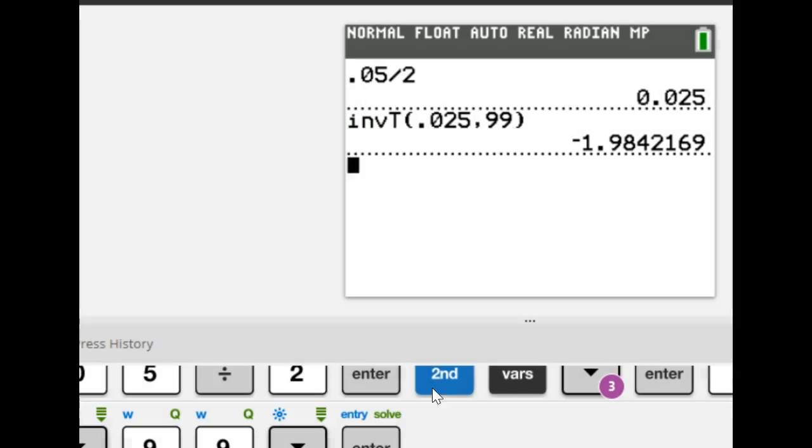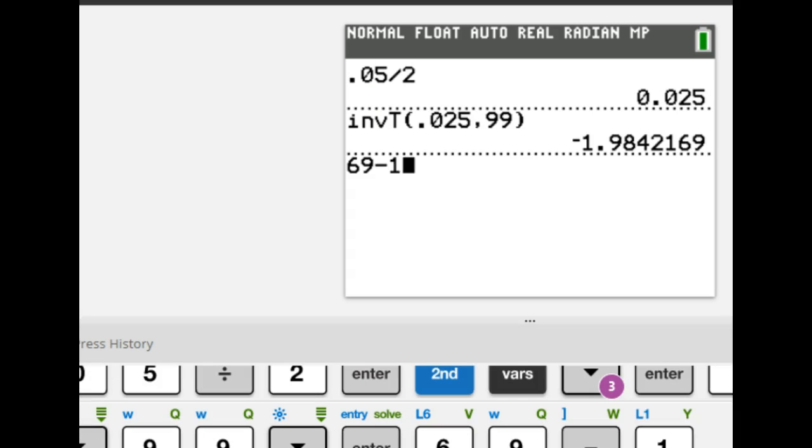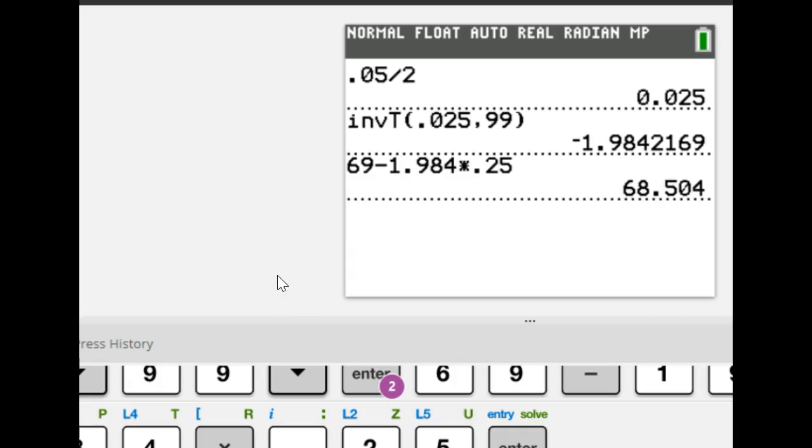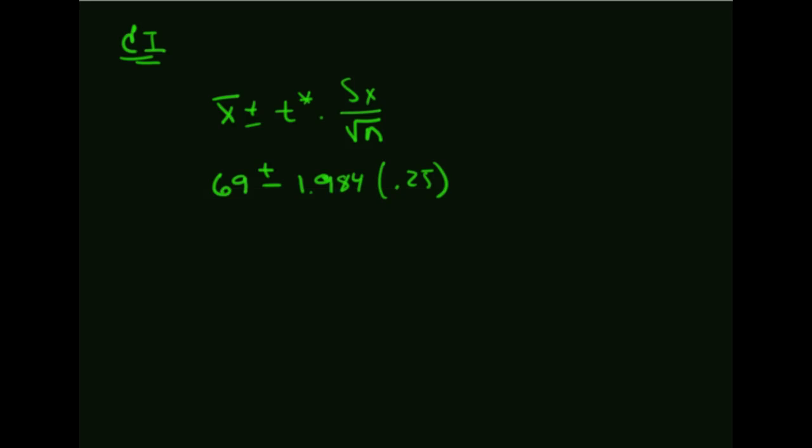Let's work that out. If I go 69 minus 1.984 times 0.25, that gives me 68.504.